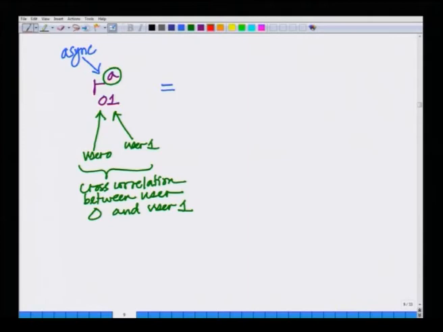So, R01 asynchronous can be written as 1 minus f, that is 1 minus the fraction, times R01 of 0 plus f times R01 of minus 1. Alright.